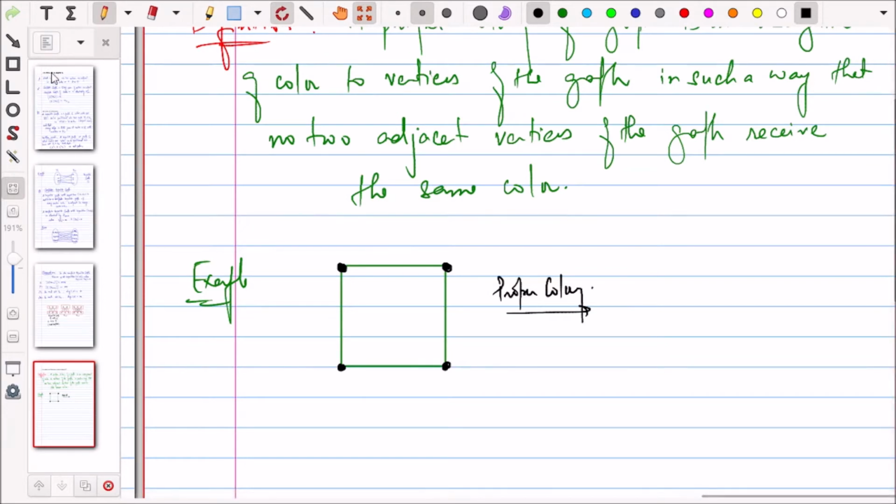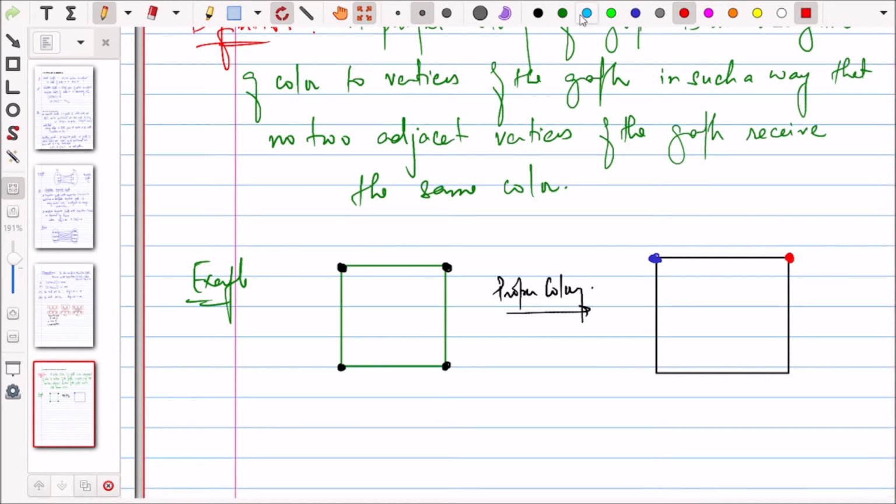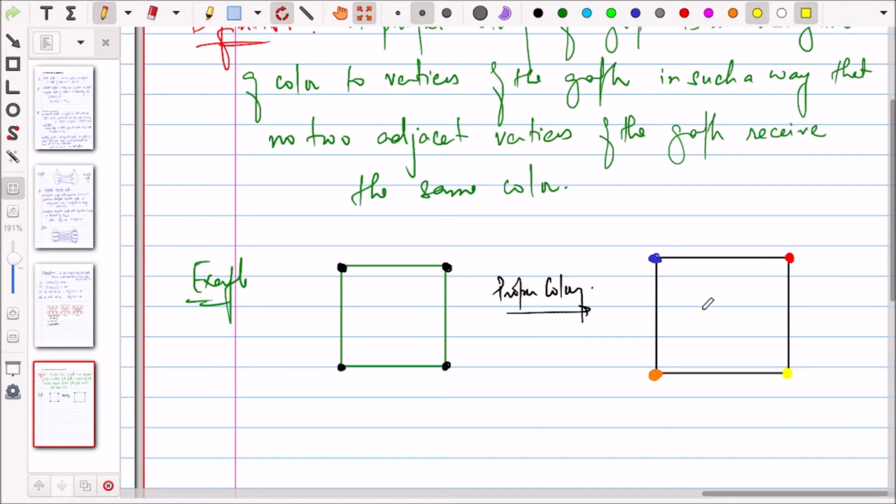Okay, so I can give this a color. क्या color दे सकते हैं? We can give it, okay, just blue color, then make it red, then make it orange, then make it yellow. So this is a proper coloring, right?